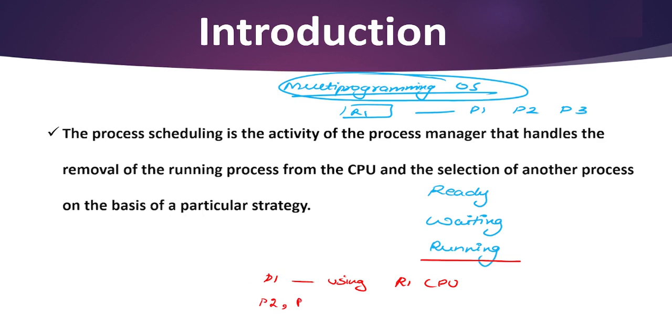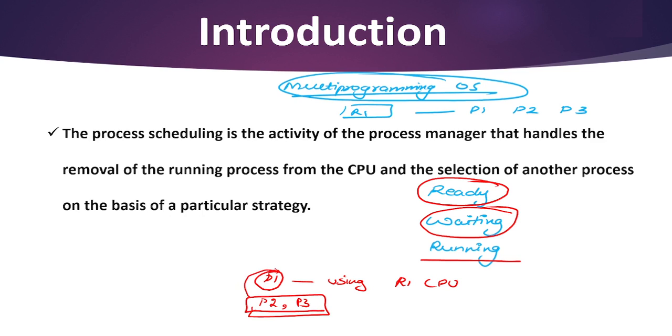Processes P2 and P3 are waiting for P1 to release that resource. That means processes P2 and P3 are in the waiting state. Ready state is nothing but a state where one of the processes that is in the waiting queue is getting ready to receive the resource. Okay, so all these three states are very important.